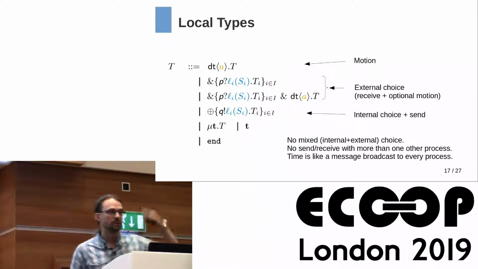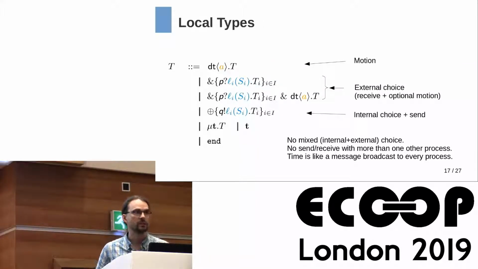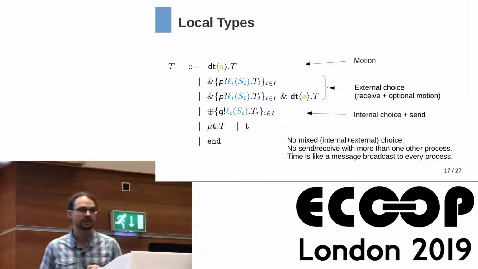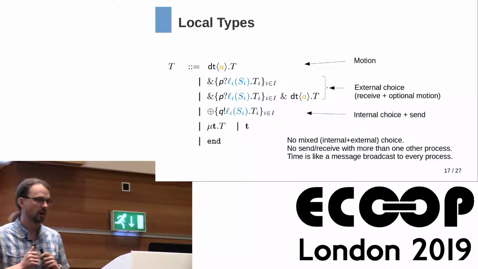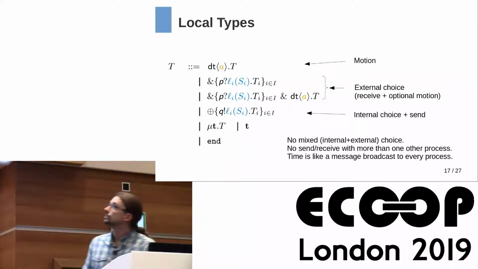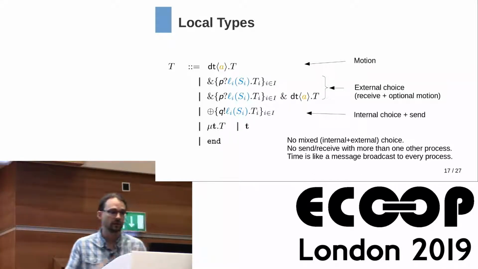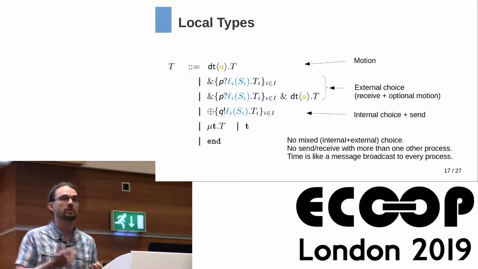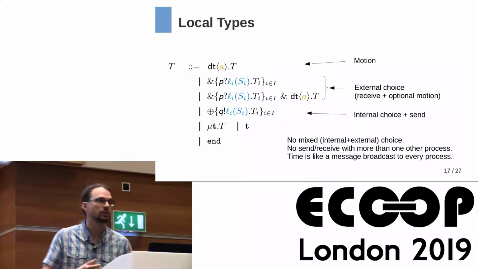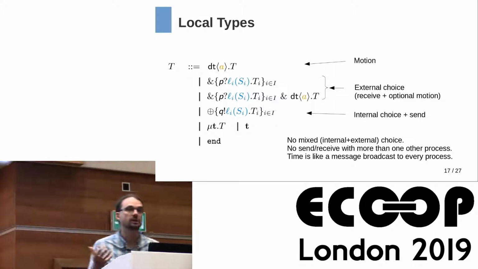However, when we go one step closer to the robot, that's where it starts getting a bit more murky and things start to mix. We still recover motion as a separate element. As usual, communication gets split into receiving and sending, and the choice gets split accordingly.